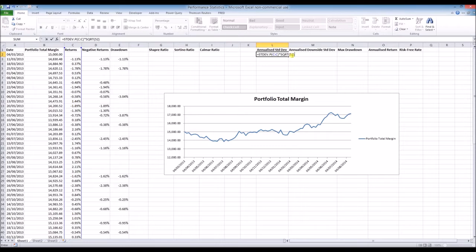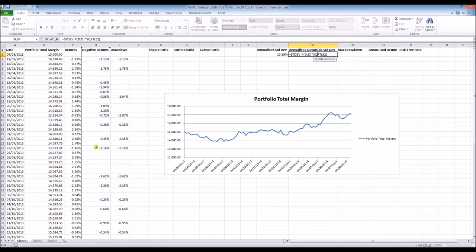So there's 52 weeks in a year, so we scale up our weekly standard deviation figure, which we calculate in this part of the equation, times the square root of 52 to annualize. So that's just how you scale standard deviations up and down: multiply by the square root of the number of periods over the time period that you want to scale it to.